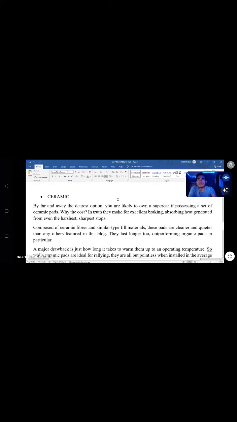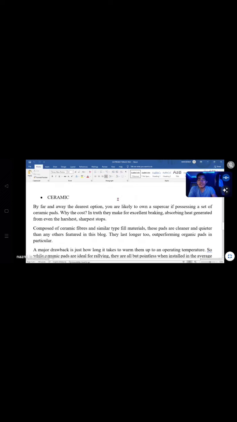And the second is the ceramic brake pad. By far and away the dearest option, you are likely to own a supercar if you possess a set of ceramic pads. Why the cost? It's true they make for excellent braking, handling the heat generated from even the harshest and sharpest torques.